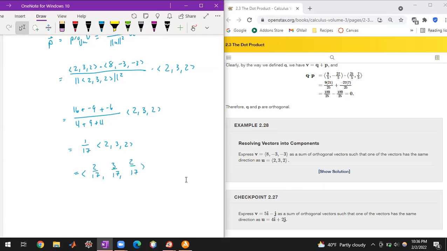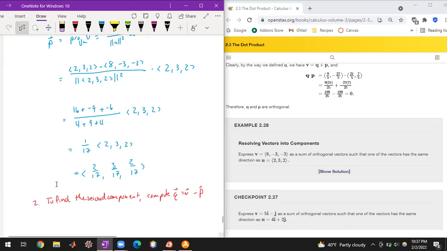Okay, so step 2, because this is just the first component, is to find the second component. Compute Q, which is the difference between our vector V and the projection.